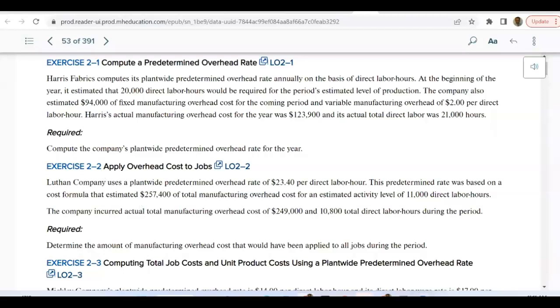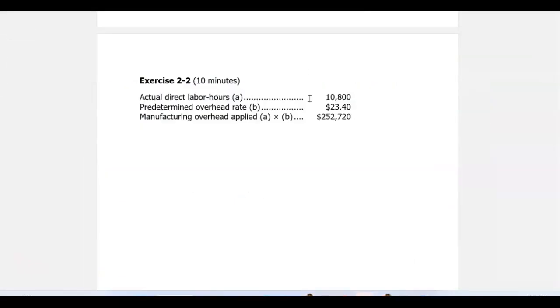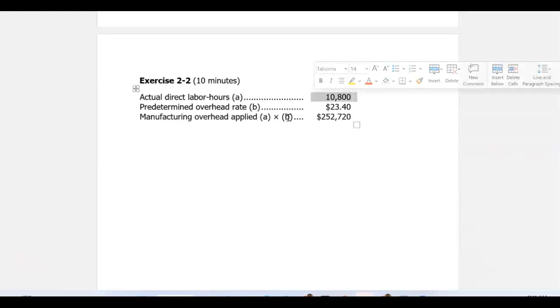Okay, so here is the answer. Actual direct labor hours was 10,800, and the predetermined overhead rate that we have calculated already. In this case, it's given to us. It's $23.40. So manufacturing overhead that has been applied to the cost of production would be $252,720.